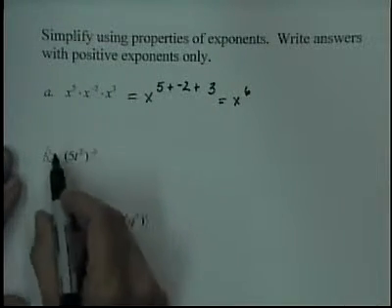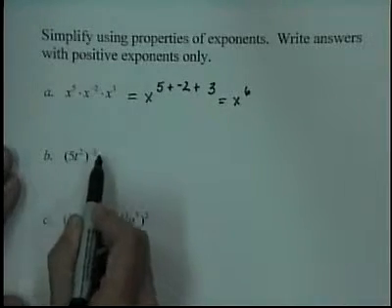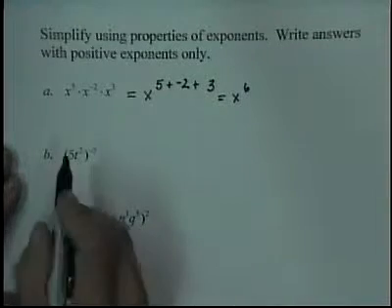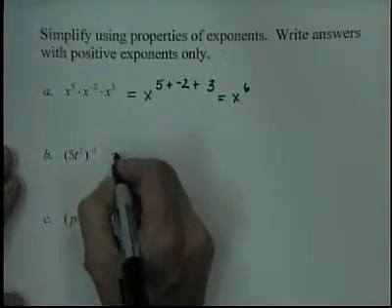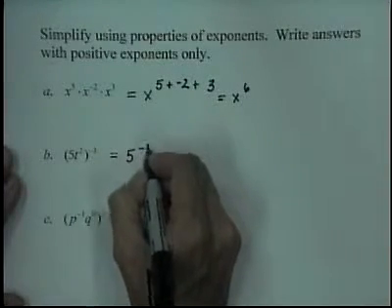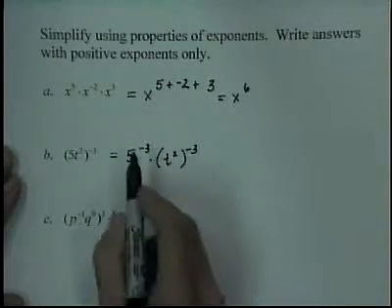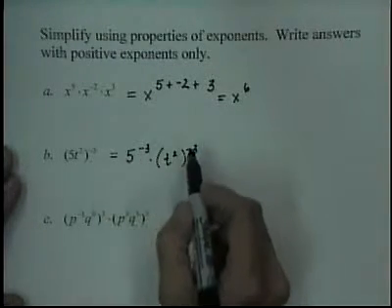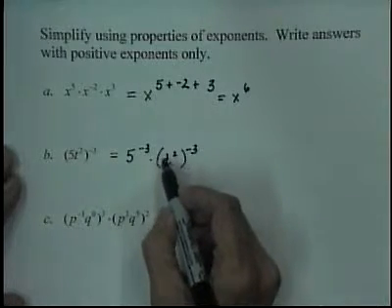Our next example gives us 5t squared, all of that to the negative 3 power. Well, when we have a product, 5 times t squared, to a power, the power is attached to each part of the product. And so I've taken negative 3 and attached it to 5 as an exponent, and negative 3 is an exponent on t squared.